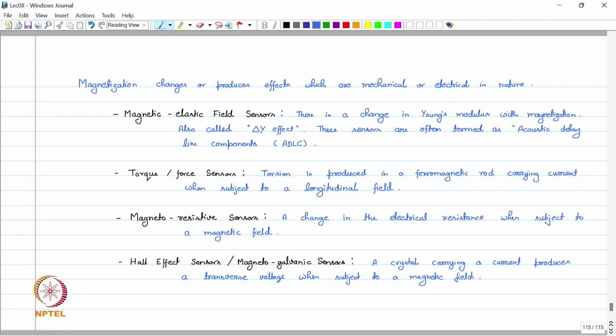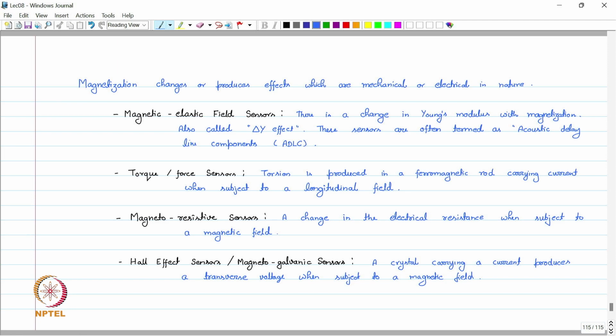So these are the four types of sensors, where the first one is magnetoelastic. When there is a change in the Young's modulus of the material when we apply a magnetic field, this is called a magnetoelastic field sensor. This we are going to discuss. The second one is the torque and force sensor.